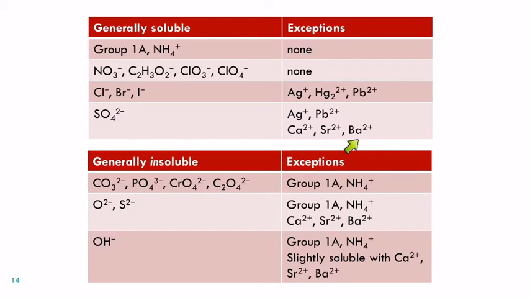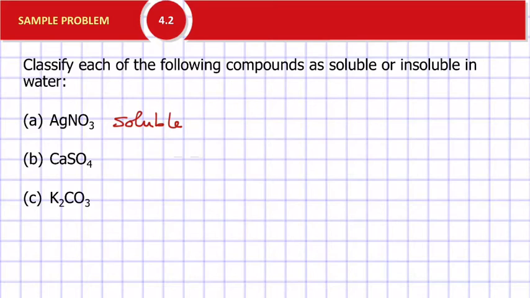So calcium, strontium, barium, along with silver and lead. So calcium sulfate is insoluble. How about potassium carbonate? Soluble. Potassium is a group 1A metal, soluble.